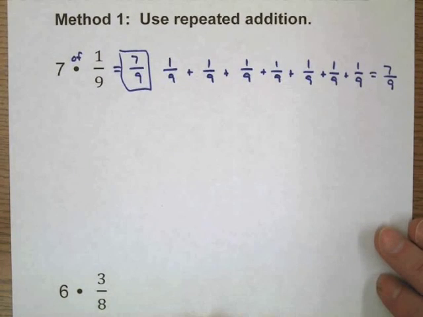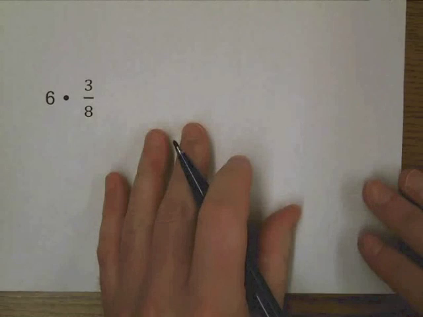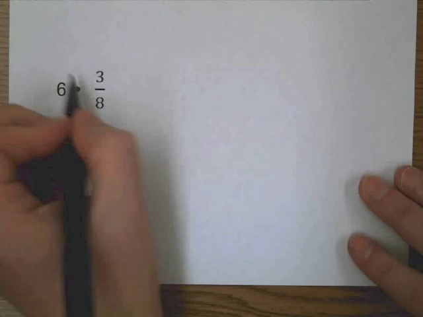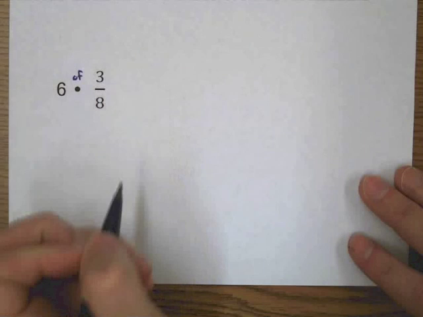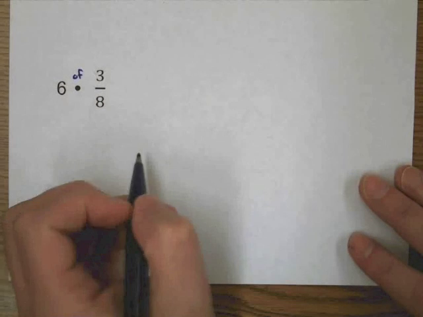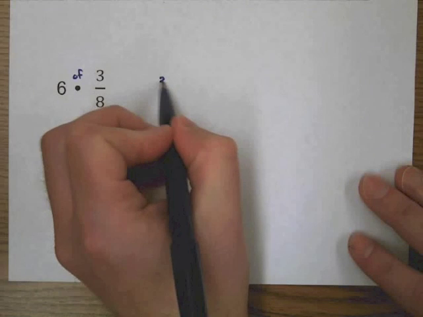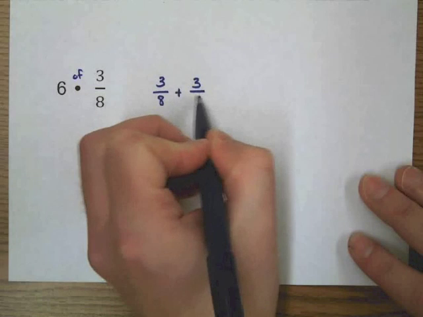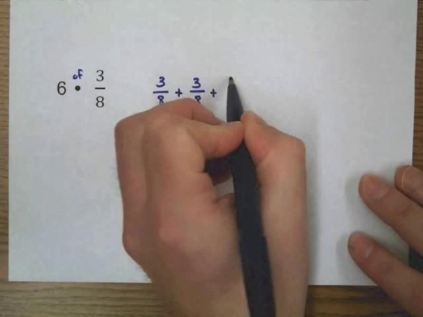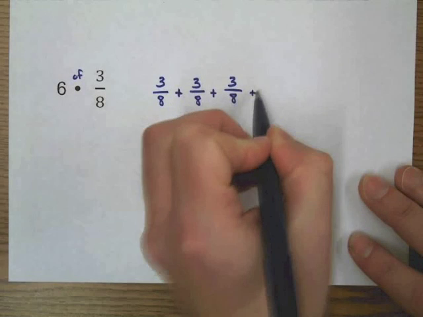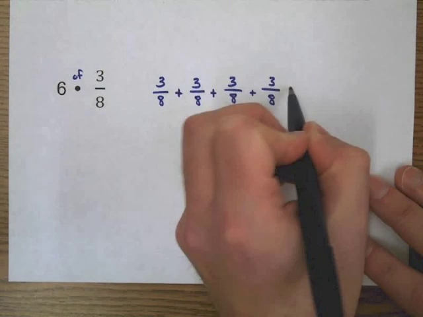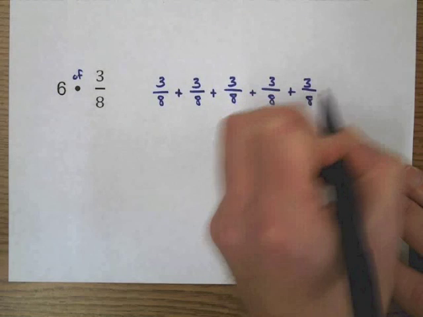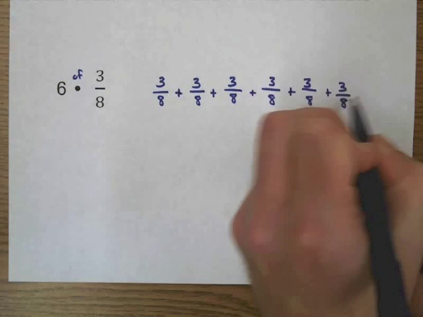Let's take a look at that again with another problem. Here we have 6 of these 3/8, or 6 times 3/8. I could think of this as, here's a 3/8, and I have 6 of those. There's 2, 3, 4, 5, and 6.